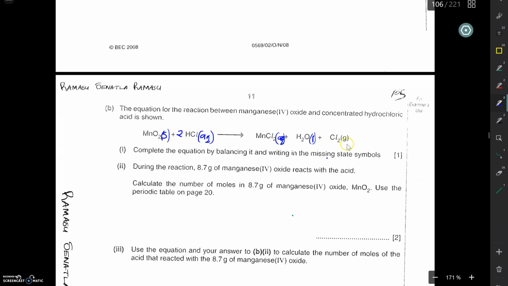Oh no, in fact we have 4 chlorine particles. There are 4 of them, so we should put a 4 here instead of a 2. We put a 4 here, right? So then we have 4 hydrogen particles, so we should put a 2 here, such that we have 4 hydrogen particles on this side as well.